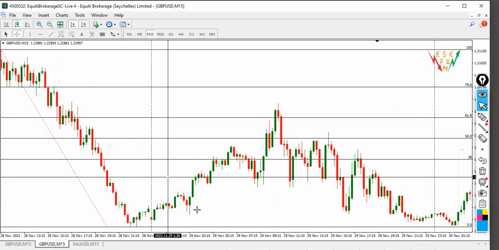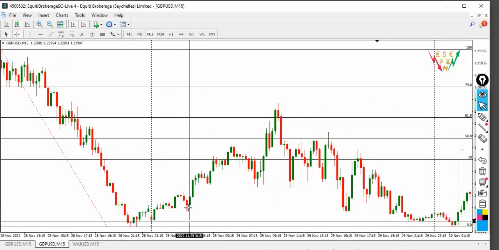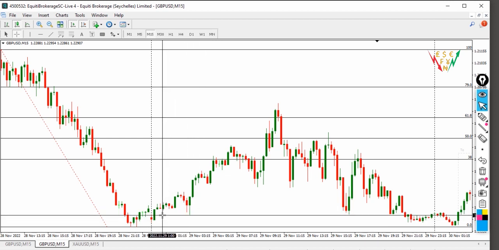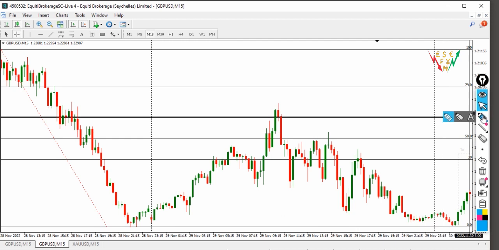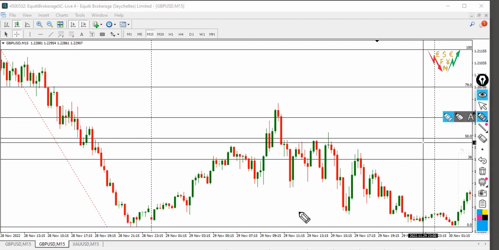Now I would be expecting this market to be consolidating somewhere around this area, and perhaps, if I'm lucky, finding the London session somewhere around here, and then I'll just trade up to the 38.0 fib level. That's my thing. That's my own special thing.